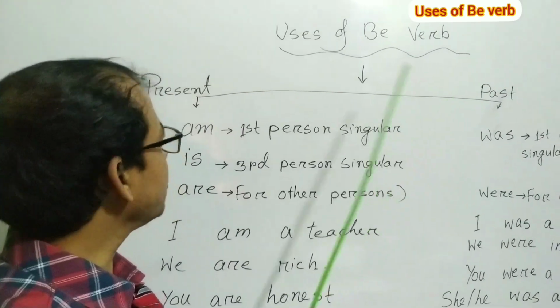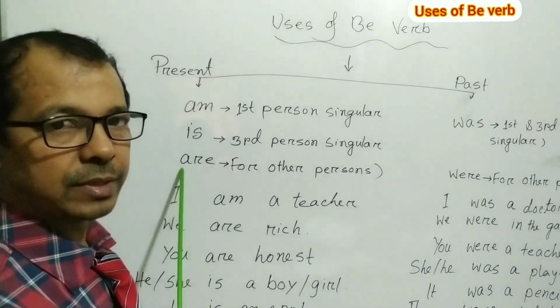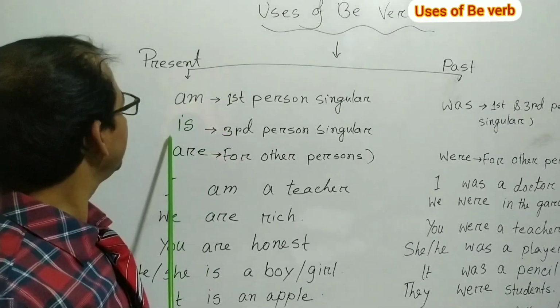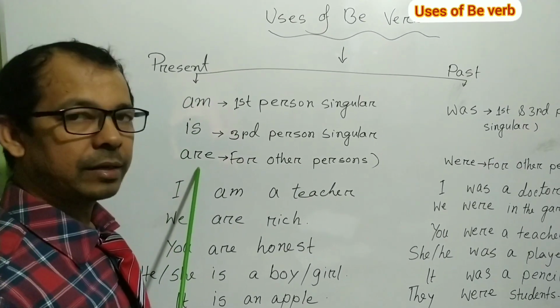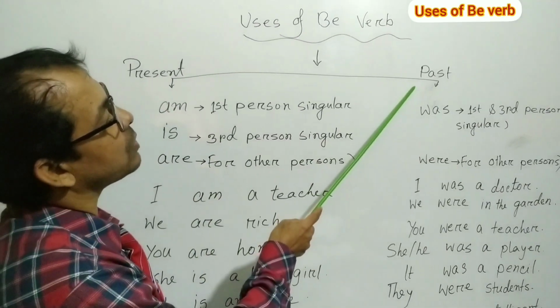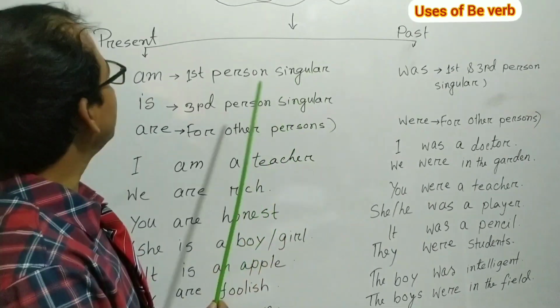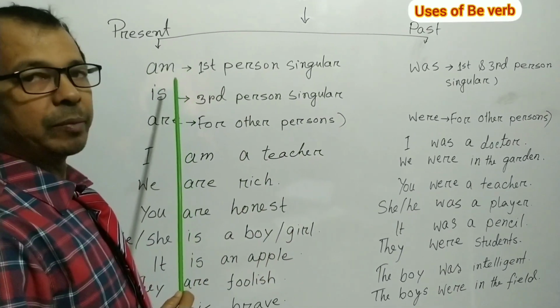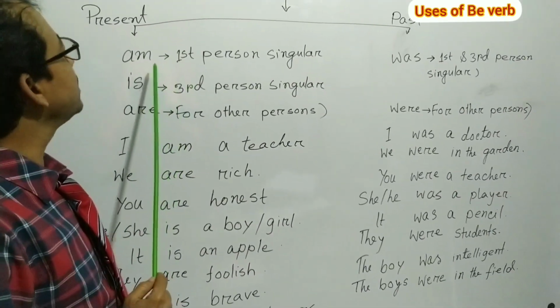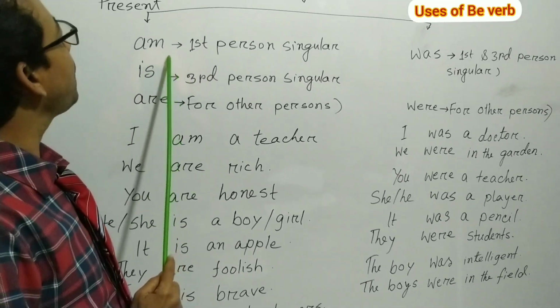In present form there are three be verbs: am, is, are. My dear student, and in past form, was and were. So you have to remember in which person these verbs are used.